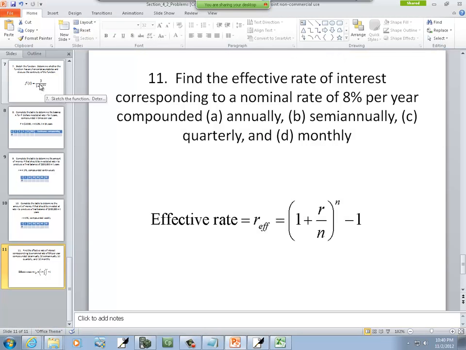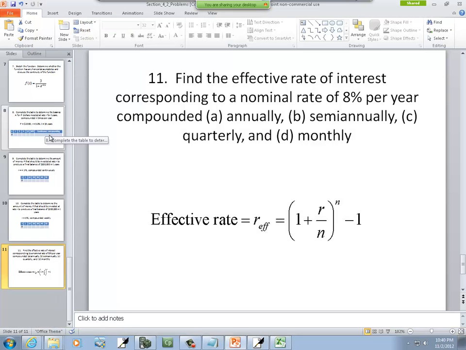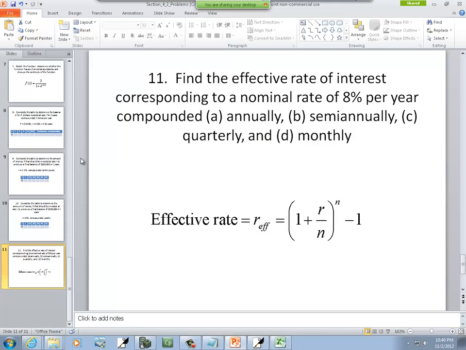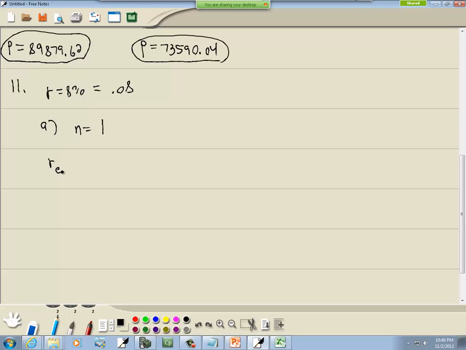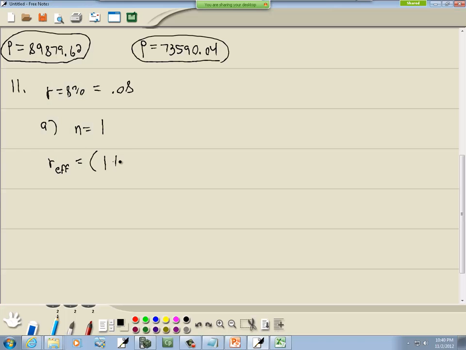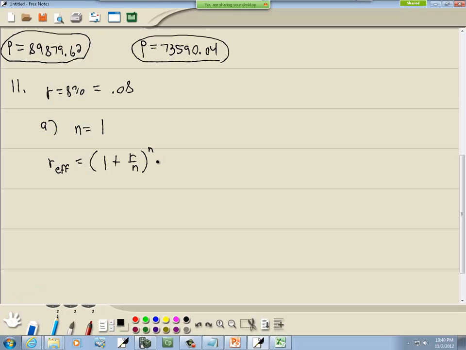Okay, annual rate of 8%. So R is 8%, and that's equal to 0.08. Okay, so for our effective rate, A says annually. Well, annually means n is equal to 1. So our effective rate is going to equal 1 plus R over n to the n power minus 1.